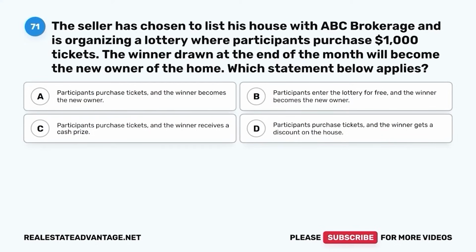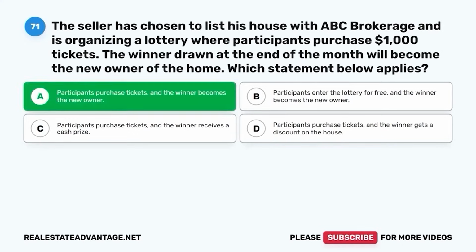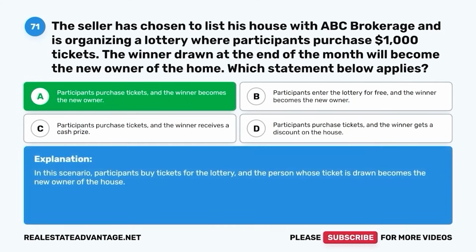C. Participants purchase tickets, and the winner receives a cash prize. D. Participants purchase tickets, and the winner gets a discount on the house. The correct answer is A. Participants purchase tickets, and the winner becomes the new owner. In this scenario, participants buy tickets for the lottery, and the person whose ticket is drawn becomes the new owner of the house.